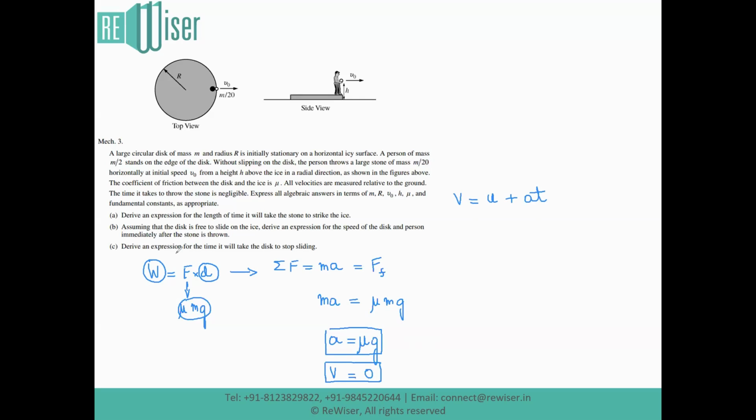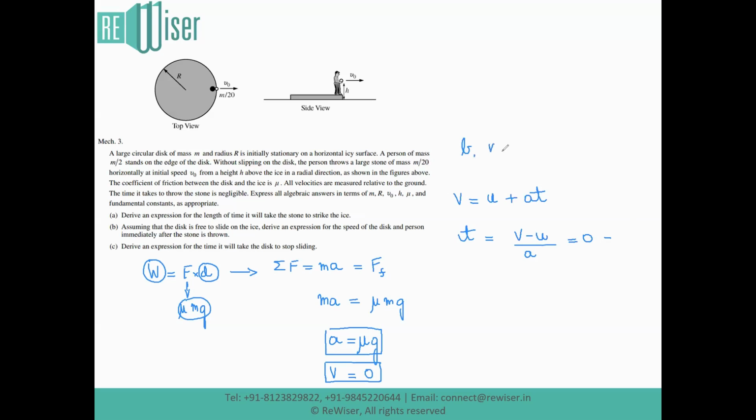Here, I need to find the time it takes for it to stop sliding, which is t. Rewriting the equation in terms of t, I get t is equal to v minus u divided by a.